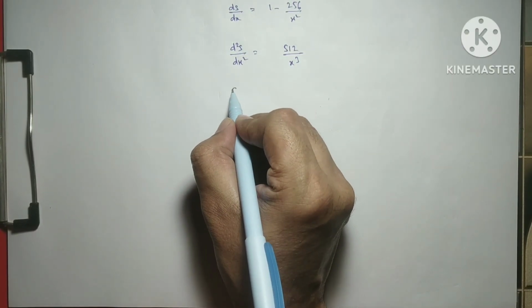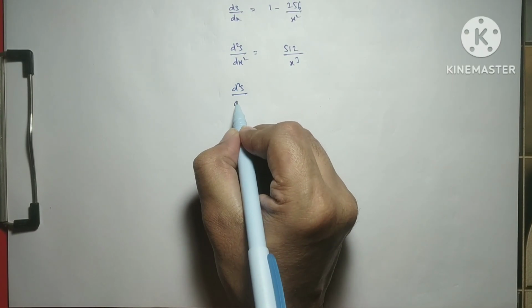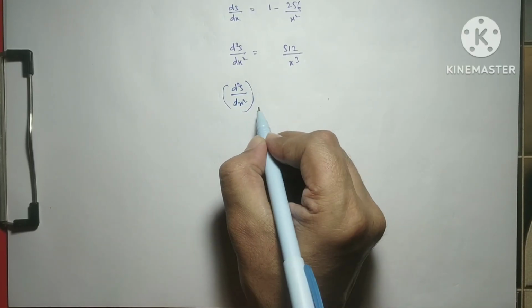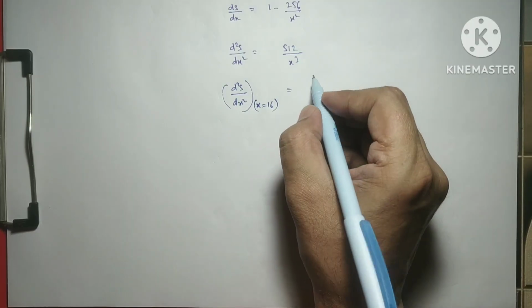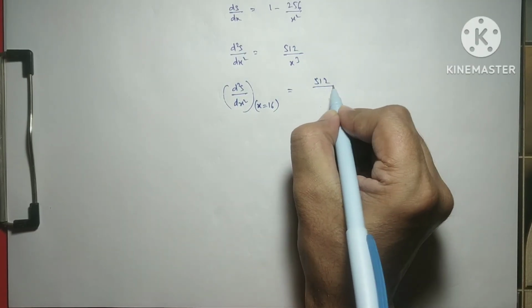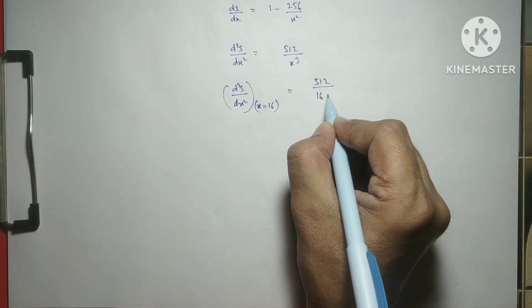So d2s over dx square at x equals 16 will be 512 over 16 cube.